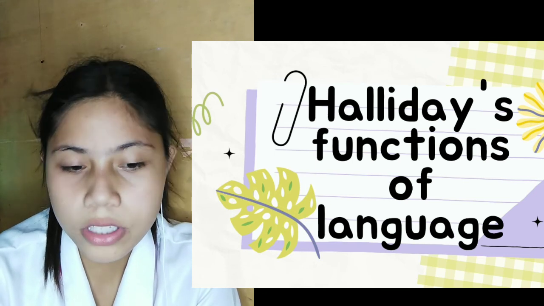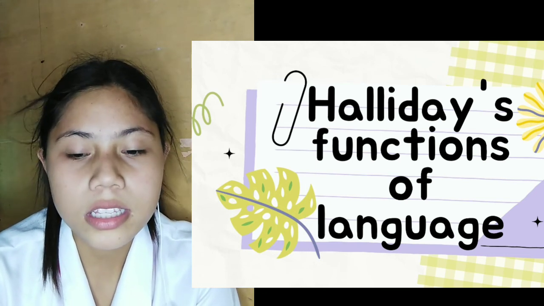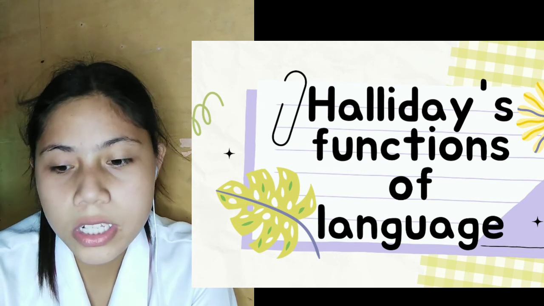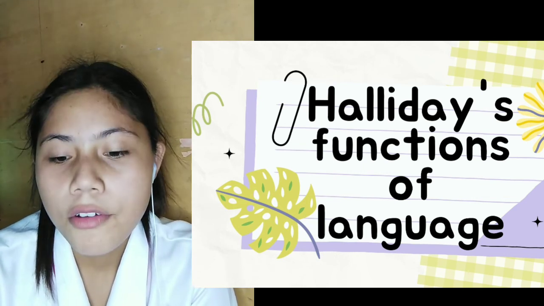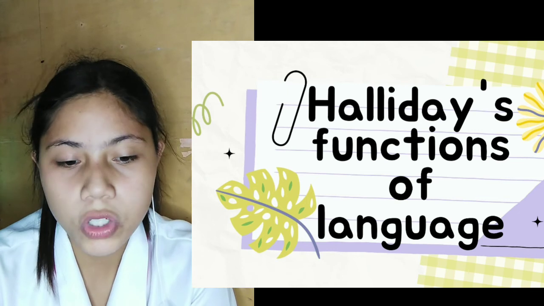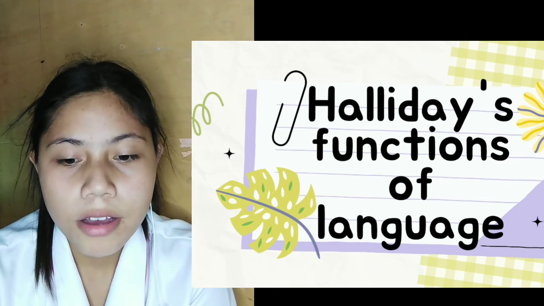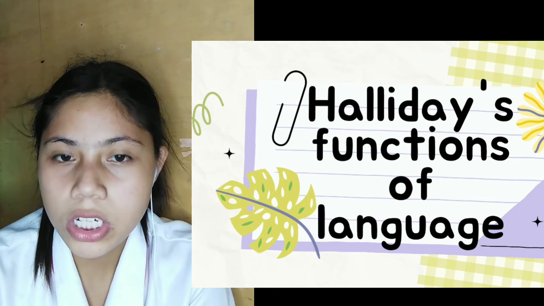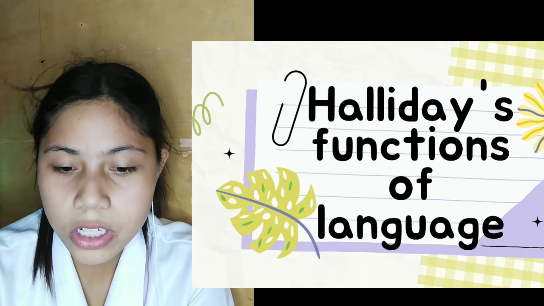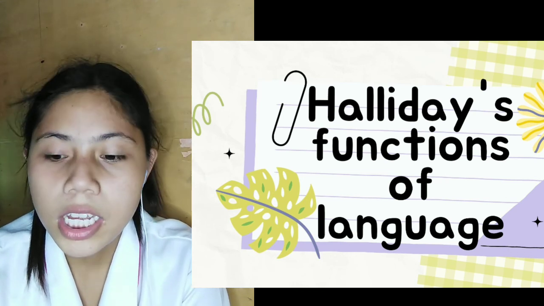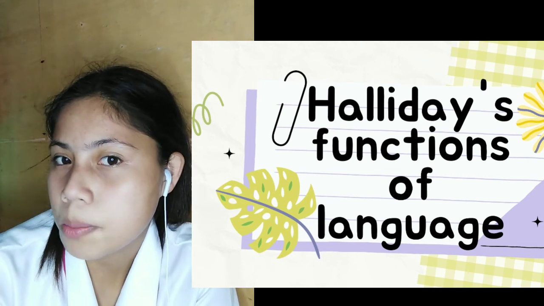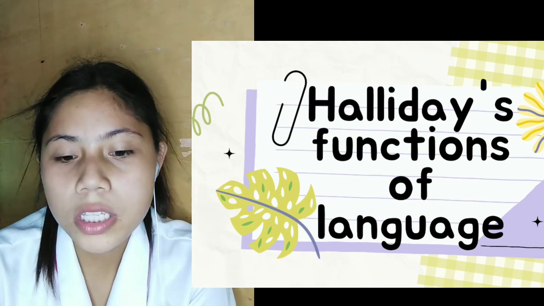To sum up, instrumental function is used to fulfill a need. Regulatory function is to control learners' behaviors. Interactive function is a form of relationship with others. Personal expresses personal opinions, feelings, identity, and emotions.